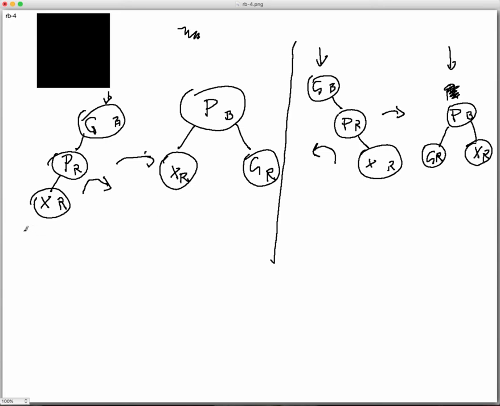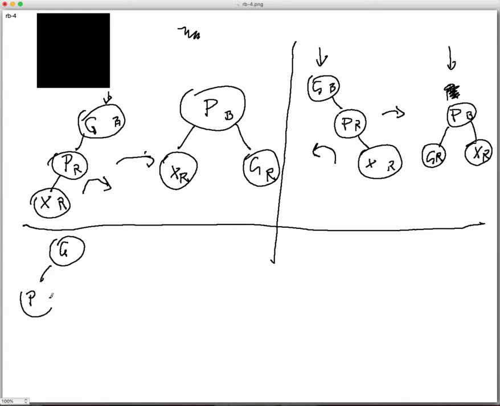Now the other cases here look more complicated, but they really aren't. I have the situation where there's a grandparent here, then over here there's a parent, and then over here there's a child. Again, this is black, and this is red, and this is red.